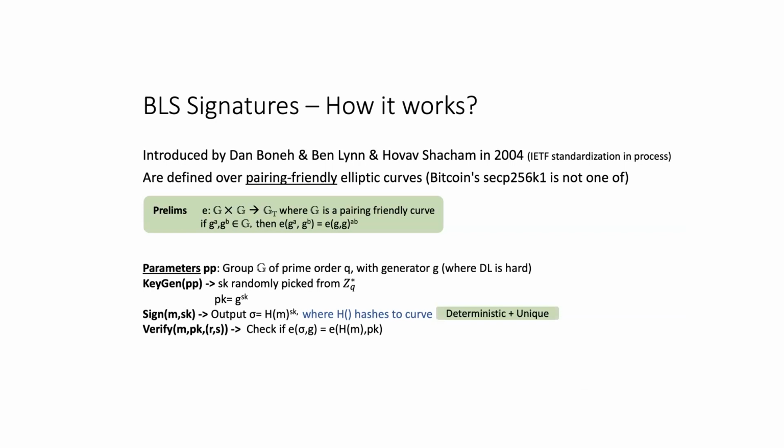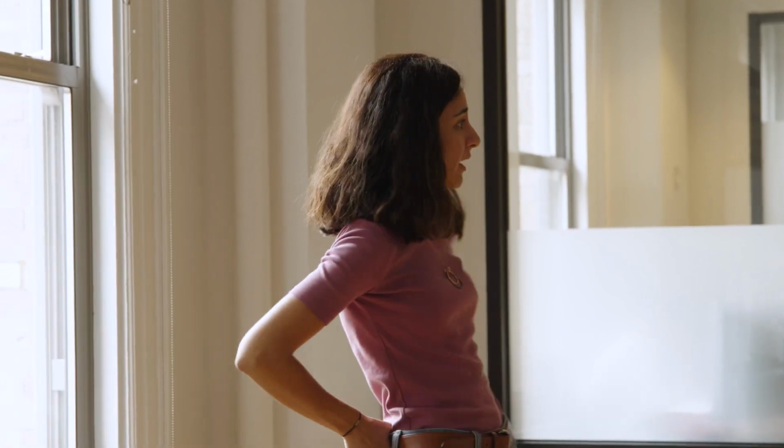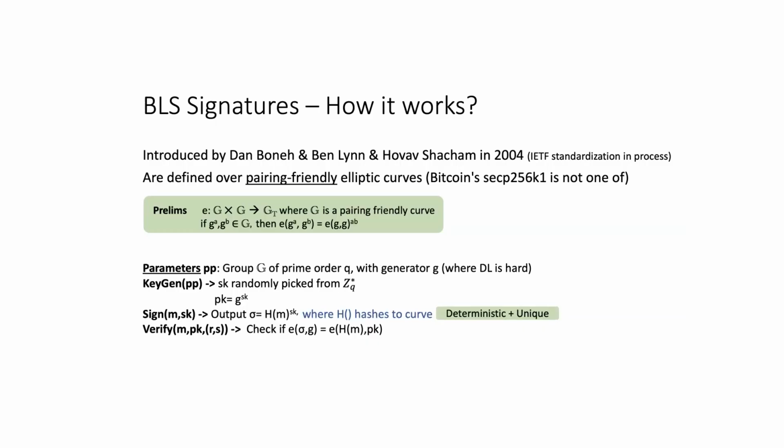Something that I want to highlight about BLS signatures is that they are deterministic. There is no randomness here. And on top of this, they are also unique. Unique means a different thing than deterministic for digital signatures. Unique basically says that there is no other signature, so that every signature really maps to a particular message and secret key.